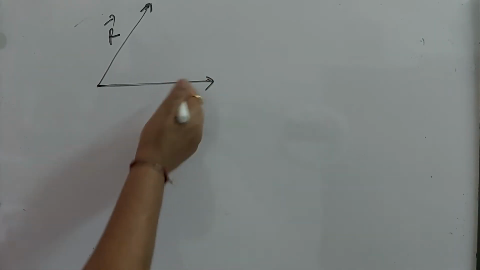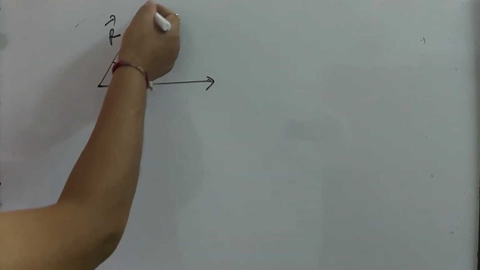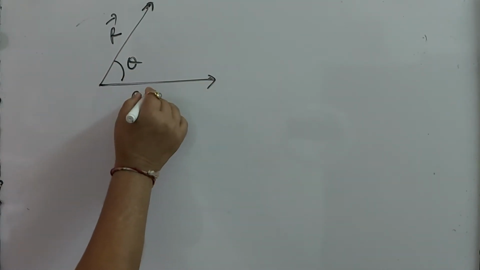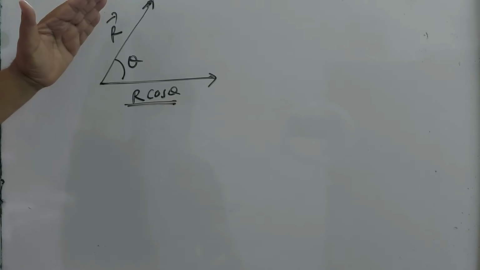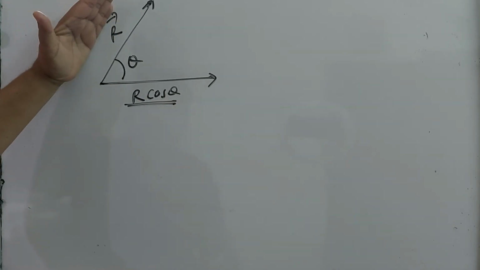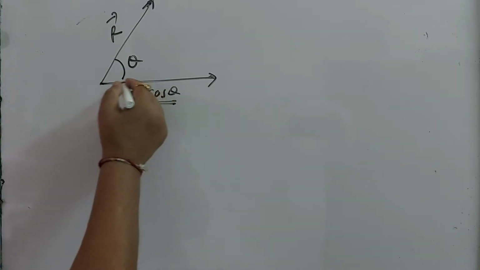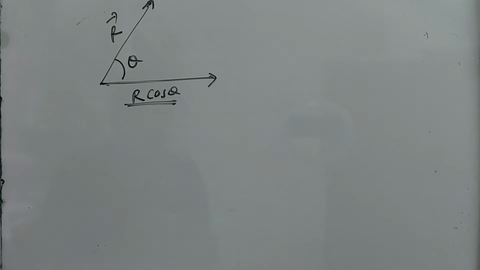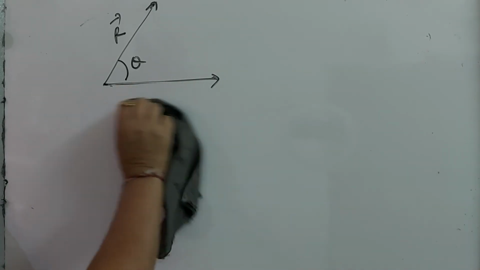In case the angle with this line is given, this is theta, then it is very simple: we can find out the component along this line equal to R cos theta. And sometimes this is not the case; we have to find out the component of some vector along a particular vector, meaning the equation for this vector is given. Now this can be done like this.